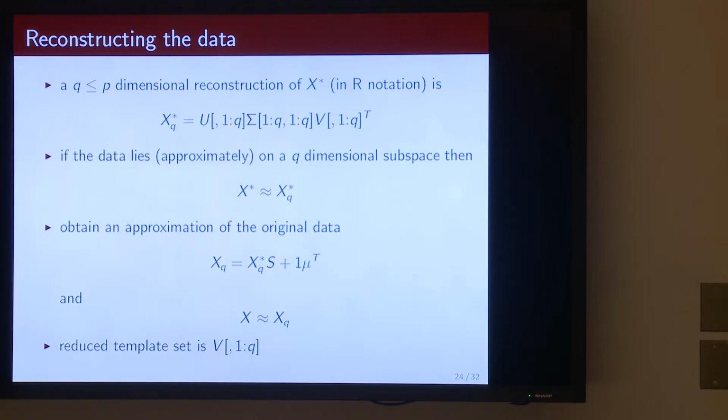Typically we only preserve the first few components where we think most of the variation in the data lies. So we could preserve the first Q components.